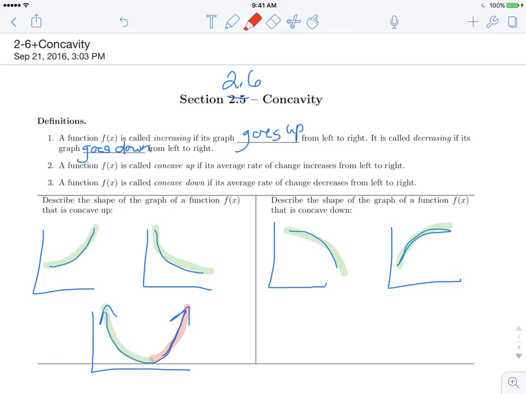All right, so you just have to pay attention to the fact that sometimes we have concave up and concave down within the same graph, even if it's decreasing the whole time, or we might have a function that's concave up the whole time, but it has a decreasing part and an increasing part. So we'll pay attention to that.